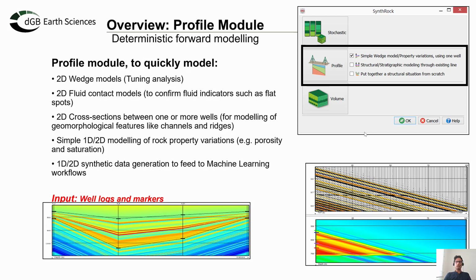You could also create cross sections between one or more wells to simulate geomorphological features like channels and ridges, as well as perform variations of rock property, for example, porosity or lithology, to evaluate their impact on the seismic response. And you could, of course, use all these models and feed them to the machine learning workflows that we are supporting in the OpenDetect software.